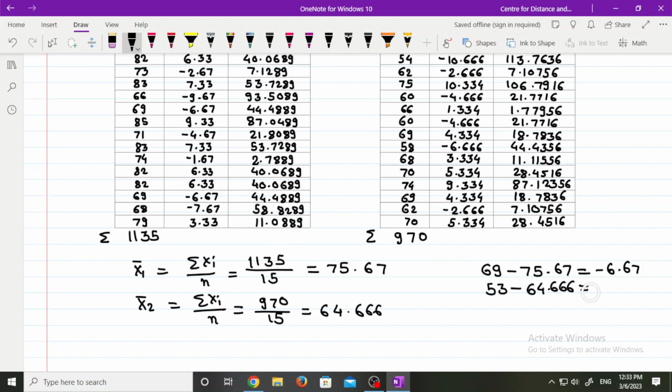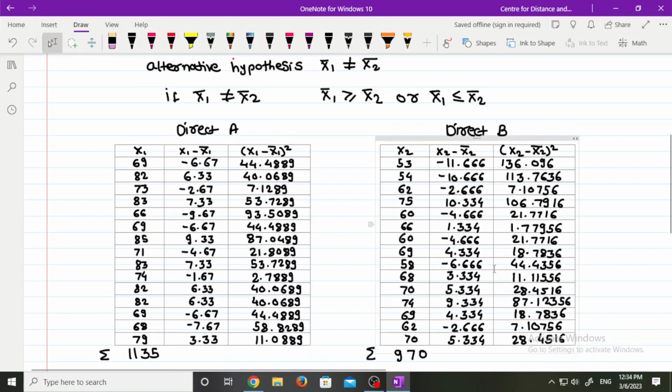When we subtract, we get minus 11.666. Similarly, find all the values, and in the next column we find x2 minus x2 bar, squared, that is minus 11.666 squared, and the square of minus 11.666 is 136.096. Similarly, find all the values of x2 minus x2 bar squared.